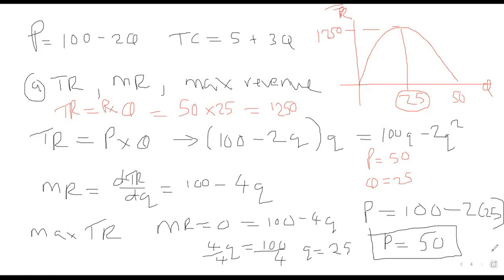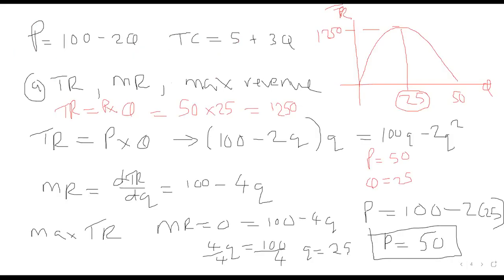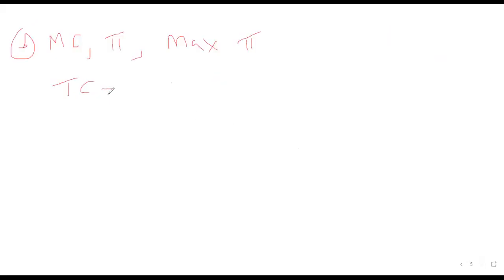All right. Sometimes you'll be asked now, find the marginal cost, the profit, and the maximum profit. Our total cost was initially given by the following function: 5 plus 3Q.